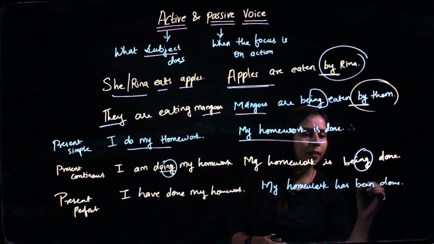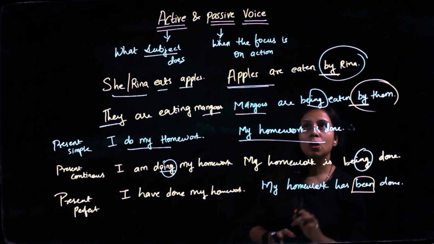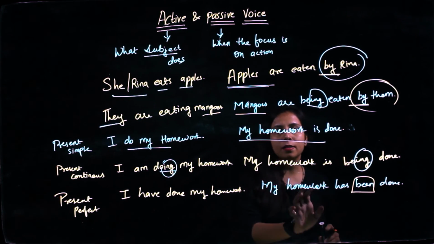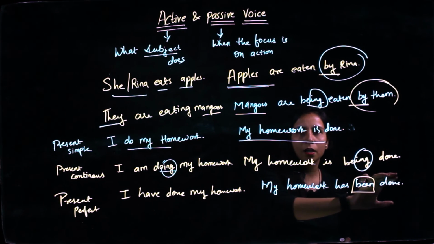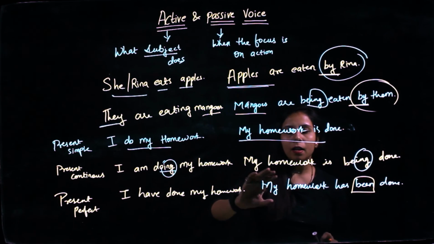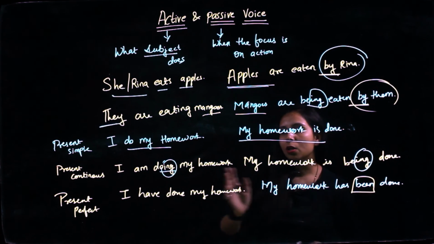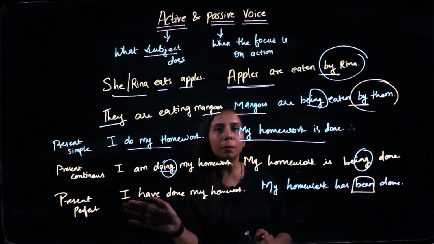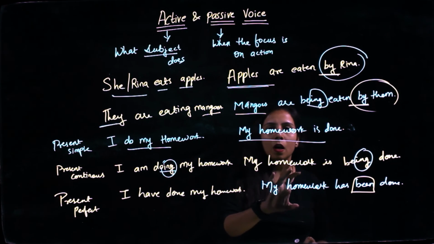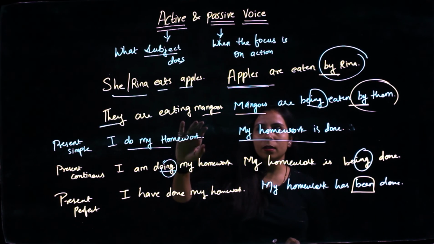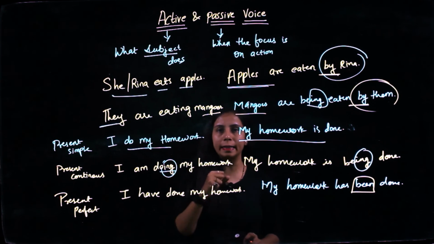So you might ask why we are adding been. Instead of saying, my homework has done, we would say, my homework has been done. So there is a difference between the basic sentence and the passive sentence that you need to understand. That's why I did so many examples with you, so that you get a good grip on it.